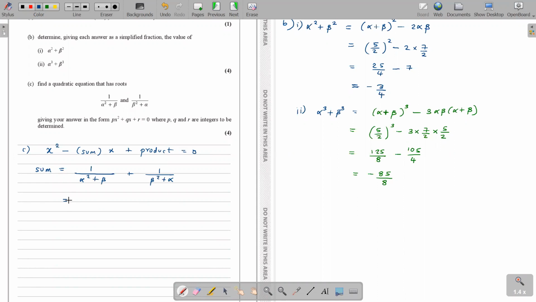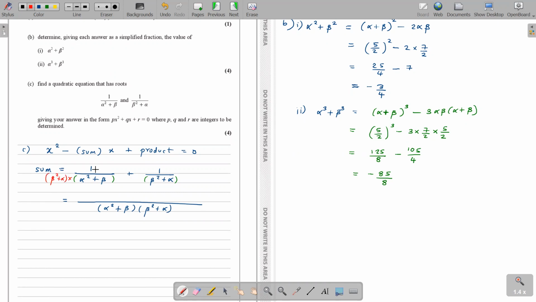To get the sum, you need to get the common denominator. So this gives me (alpha square plus beta) times (beta square plus alpha). We take both denominators together. The first fraction multiplies with the denominator it doesn't have, so it multiplies with beta square plus alpha.